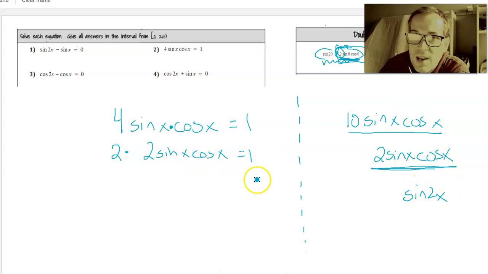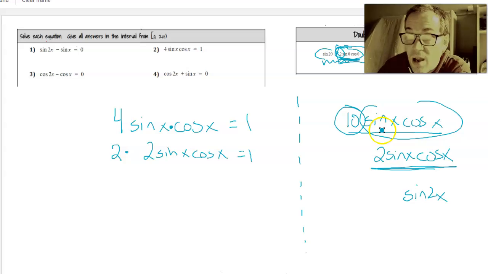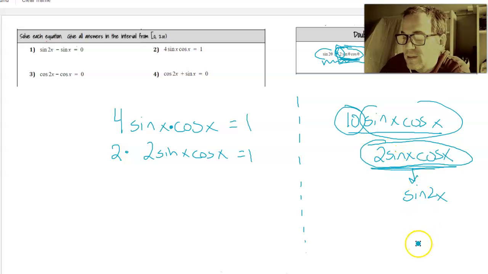So usually when you're making this kind of manipulation, you need to figure out how can I change this so that I end up with something that's equivalent but has a 2 sine cosine. I need a 2 sine cosine to turn it into this.